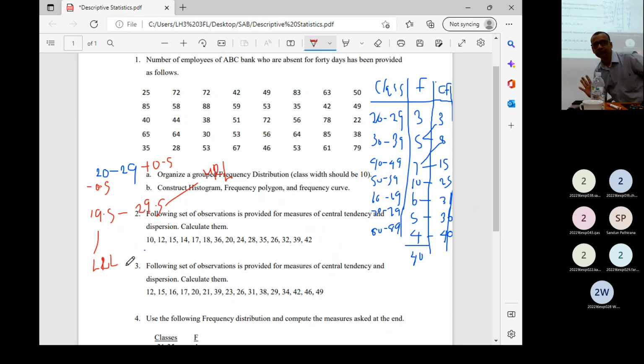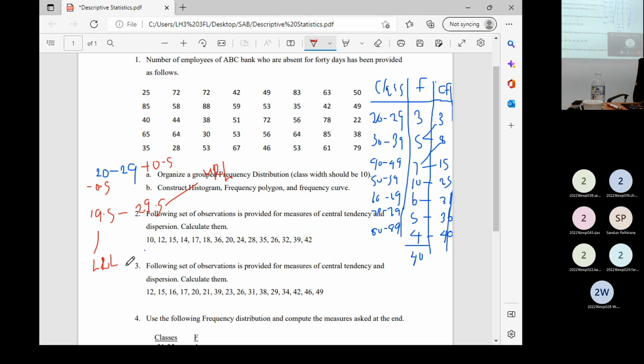Okay. Always 0.5, because of the class gap of one. If you have 20-29 style classes, always adjust 0.5. But with 20-30, 30-40, likewise, don't adjust 0.5.